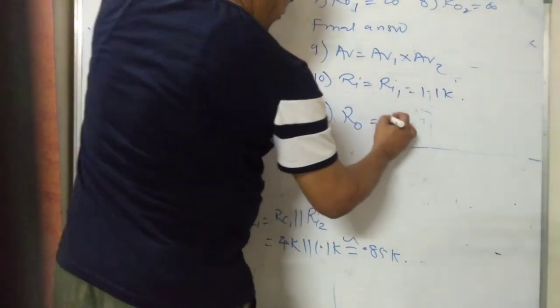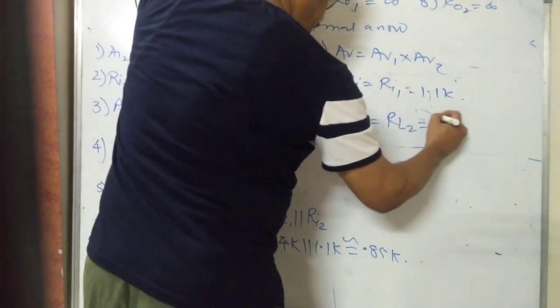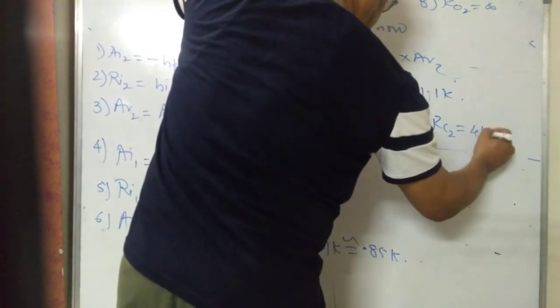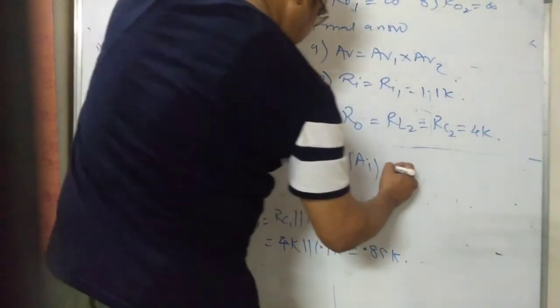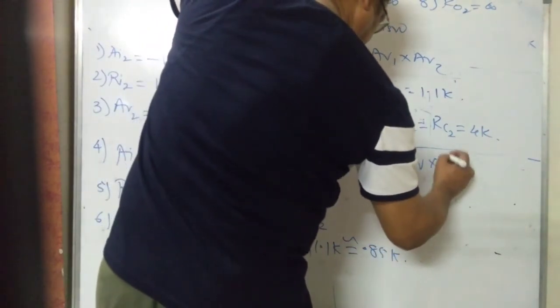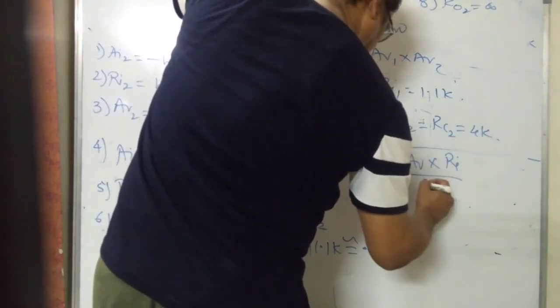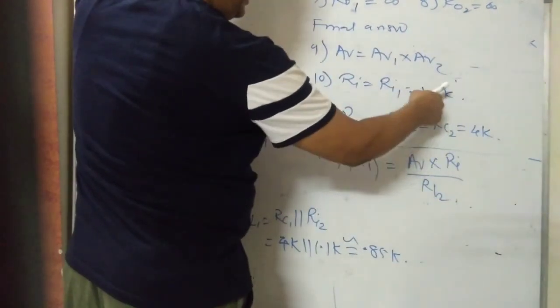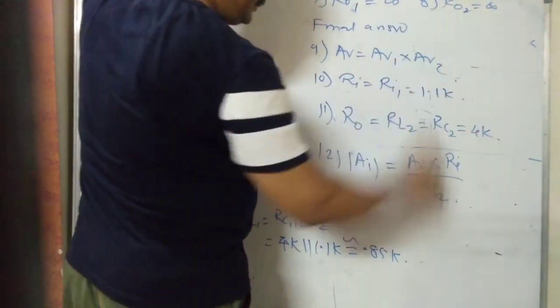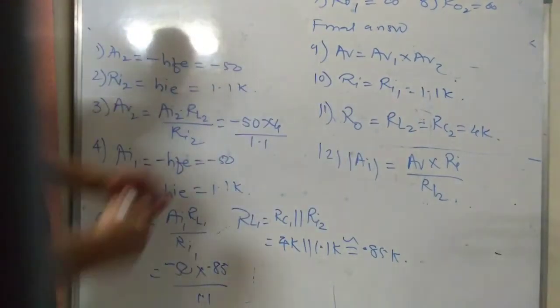RO is equal to RC2, and 12, mod AI is equal to AV into RI upon RL. AV from here, RI this one and RL2 this one. Put the values and solve numerically.